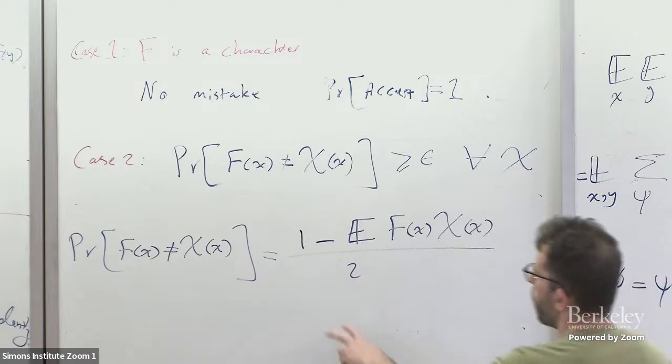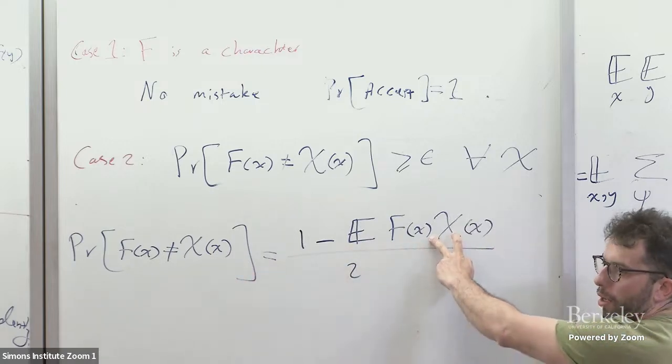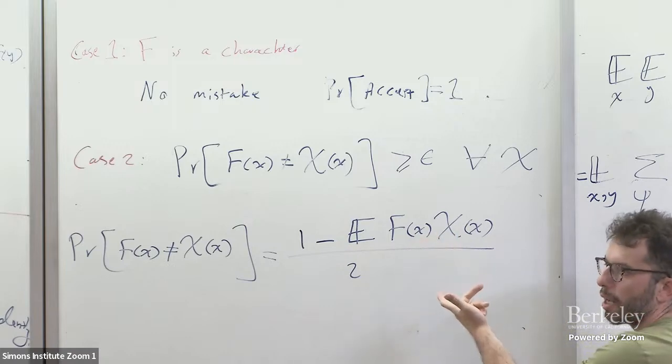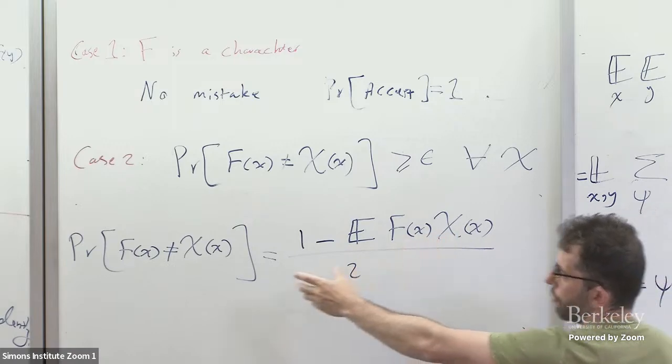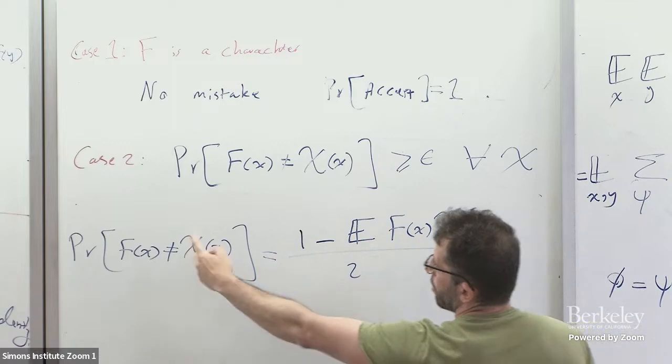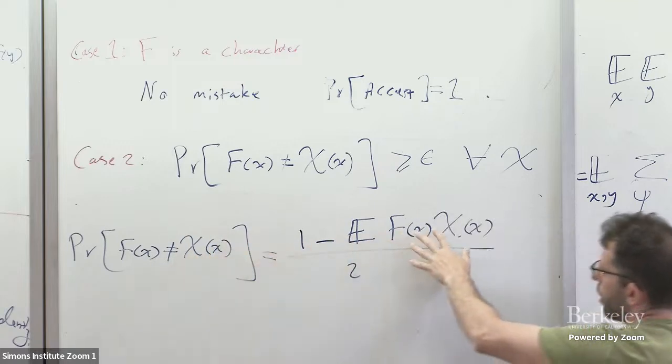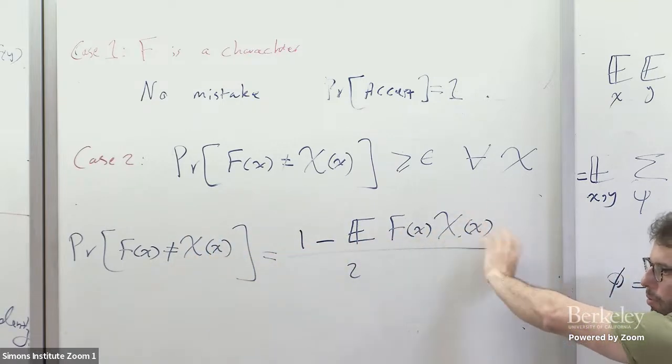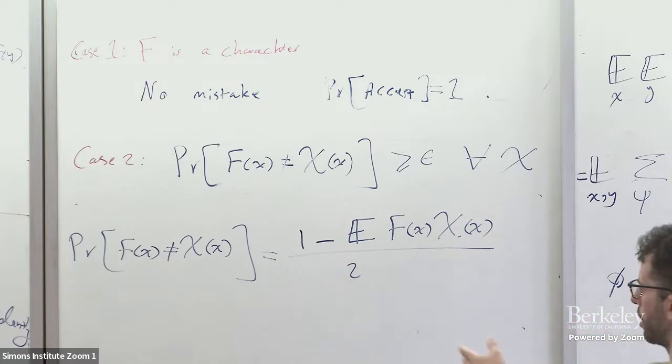Because when they are equal, I'm going to get a 1 here, and when they are not equal, I'm going to get a negative 1. So it's going to be the probability that they're equal minus the probability that they're not equal, and you have to do this 1 minus this, divided by 2, to get the exact probability.